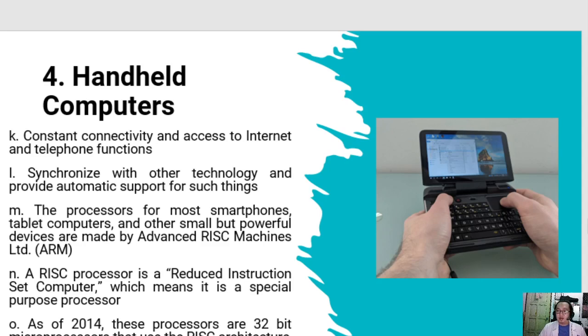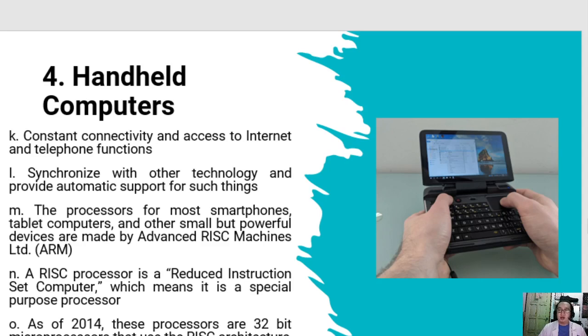So these are particularly useful in that they can synchronize, with the presence of internet. They can synchronize with other technology, as we have mentioned, and they can automate functions.